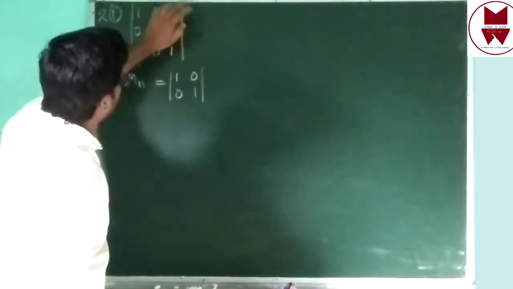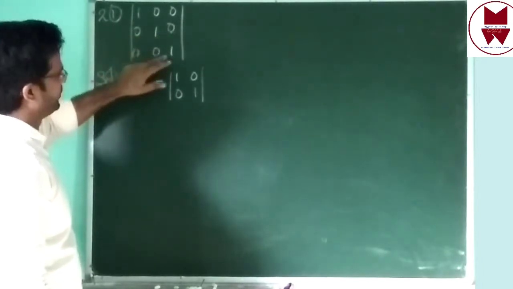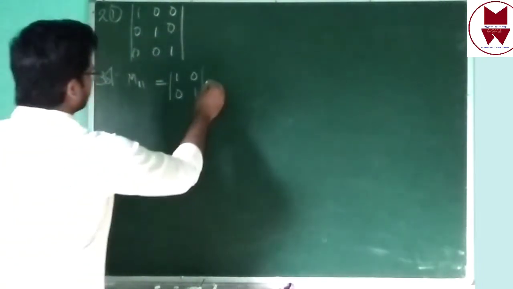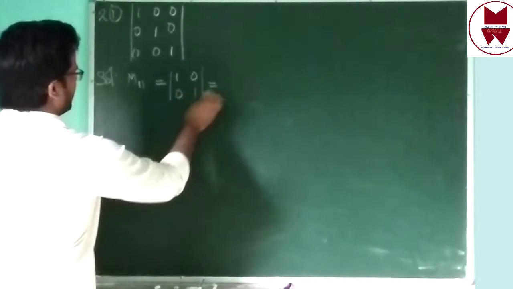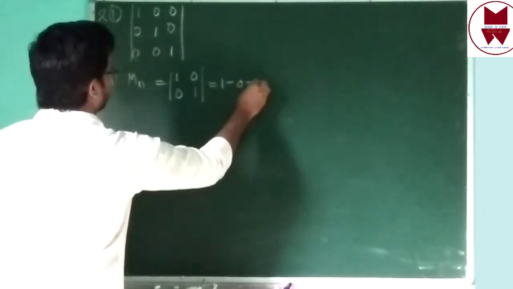When you take M11, this first row and first column, just delete. Then remaining 1, 0, 0, 1. Take determinant equal to 1 into 1 will get 1 minus then 0 into 0, 0 equal to 1.